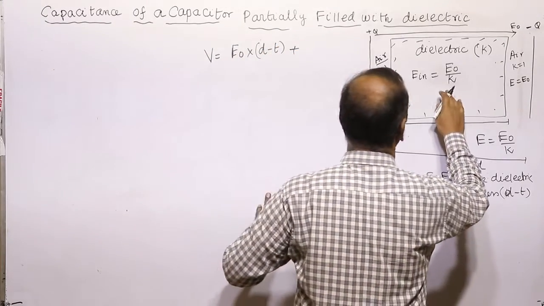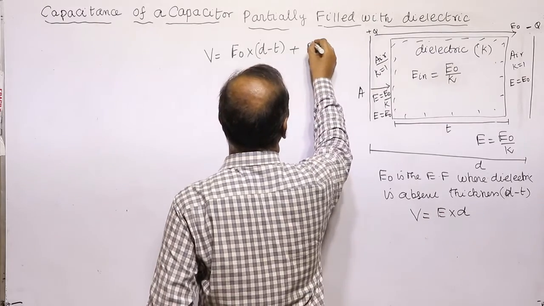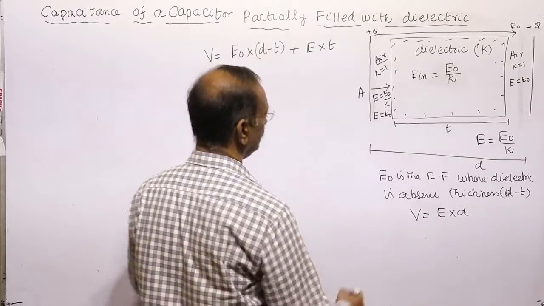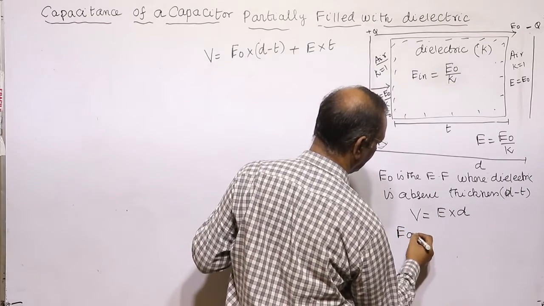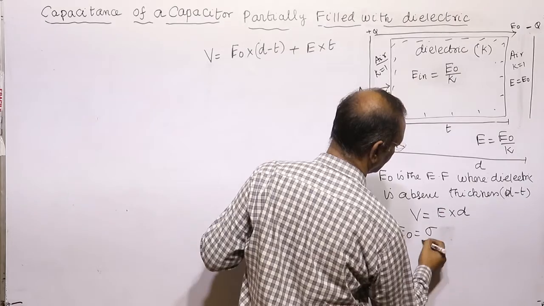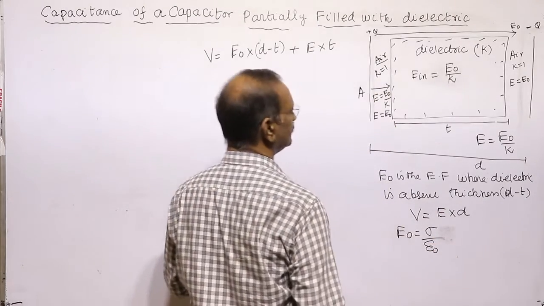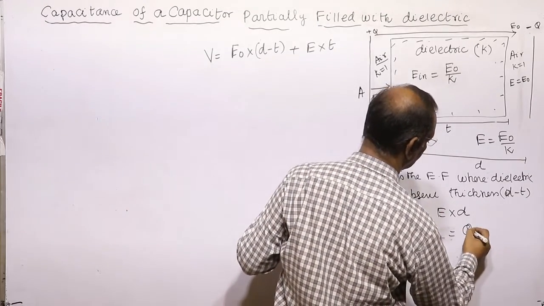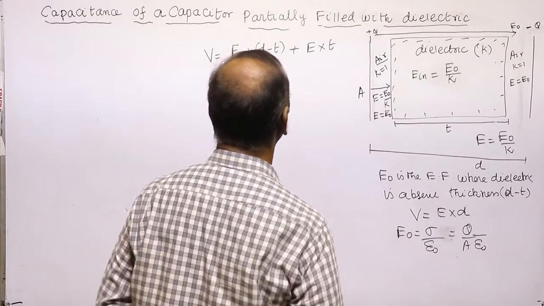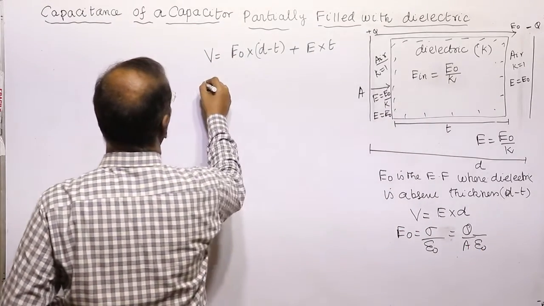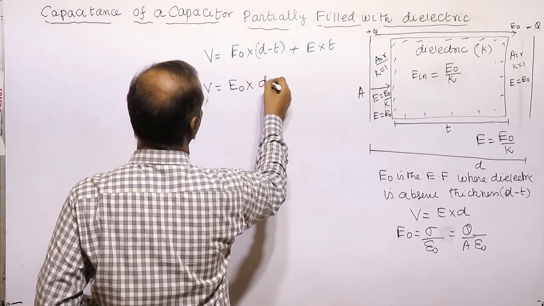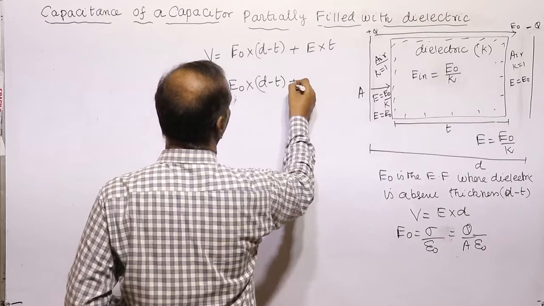What is the potential here? Potential here is equal to E into the thickness. You know E naught, the applied electric field in the air, is equal to sigma by epsilon naught, where sigma is equal to Q by A. So V is equal to E naught into D minus T plus what is E here?